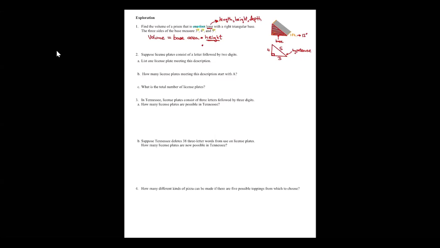That's pretty easy for an adult or an older kid to look at and say, well, 1 foot is equal to 12 inches. But if this is the first time that they're seeing unit conversions, that's a lot to spring on people. You're like, okay, wait, hold on. I got to keep track of base area times height, meaning the same thing as base area times length, meaning the same thing as base area times depth.